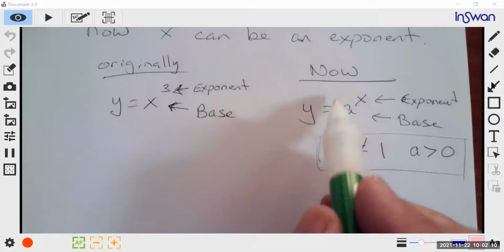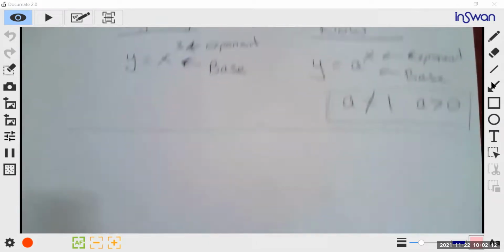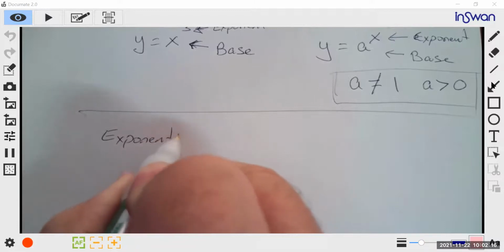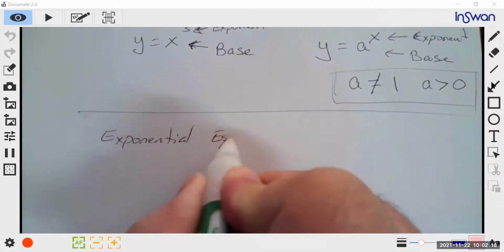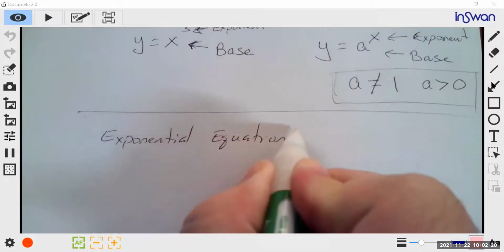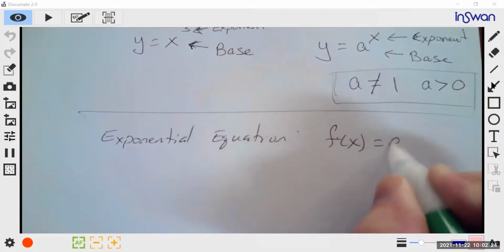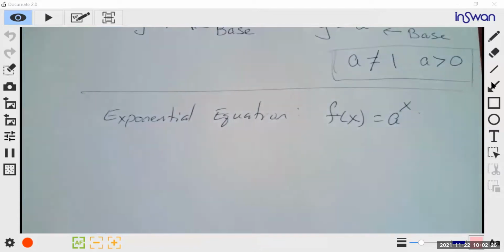So very important, because now we're going to get this. So an exponential equation looks like this: f of x equals a to the power x.